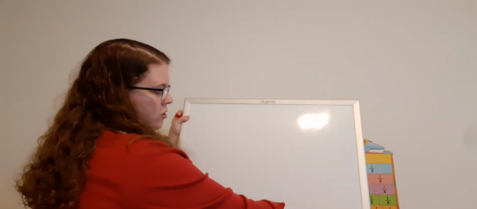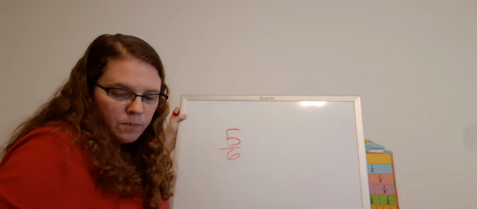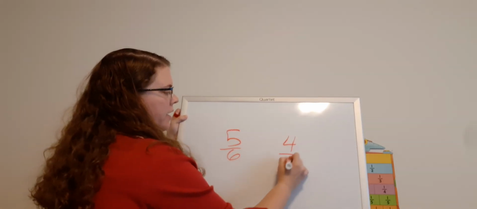Let's go to number 16. Ben mowed 5/6 of his lawn in 1 hour. John mowed 4/6 of his lawn in 1 hour. Who mowed less, pay attention, of his lawn in 1 hour? Well, we got to compare our fractions, so put 5/6 on the line. That represents Ben. Put 4/6 on the line.